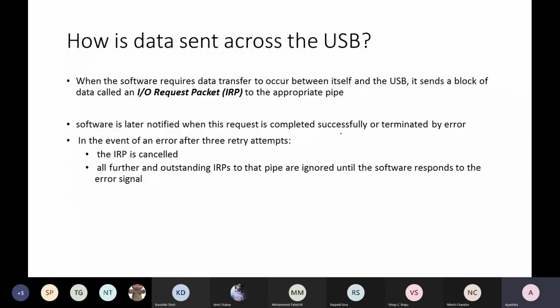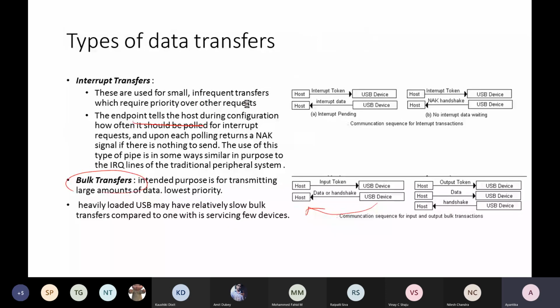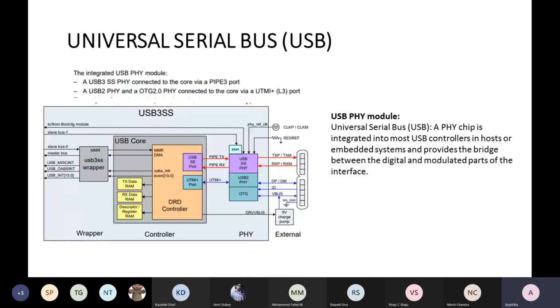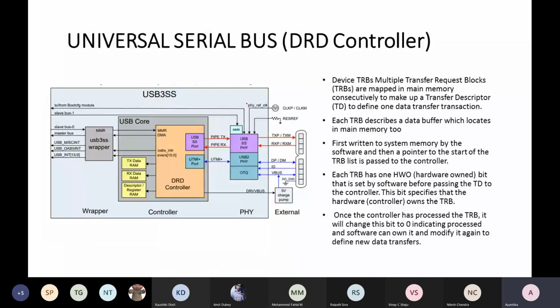When the software requests a data transfer to occur, it sends a block of requests that we call an IO request packet. So again, the request comes in the form of an IO request packet. Last day we mentioned the same thing from the USB point of view, that the request comes in the form of multiple transfer request blocks.